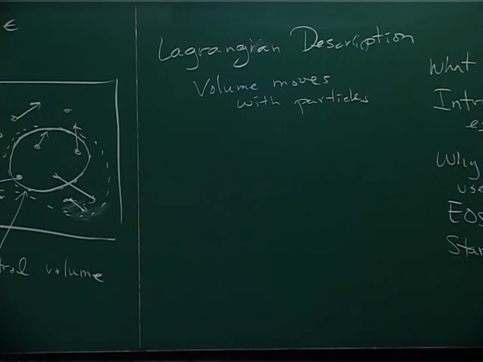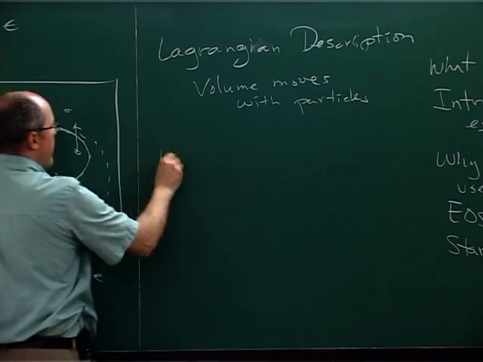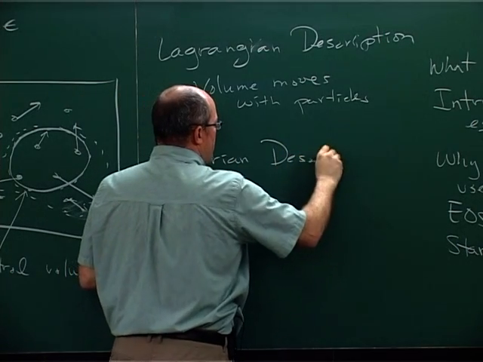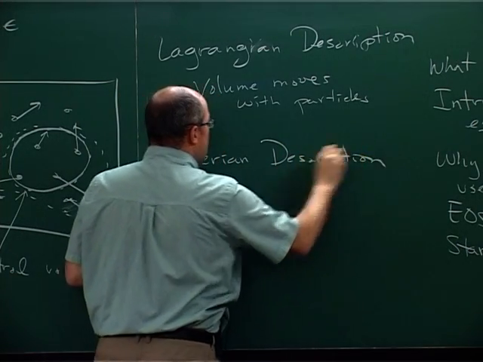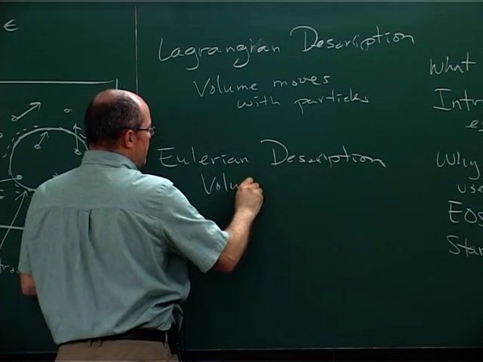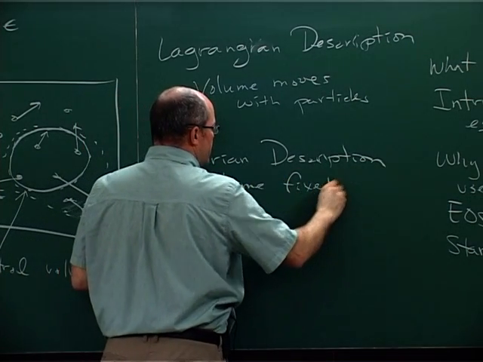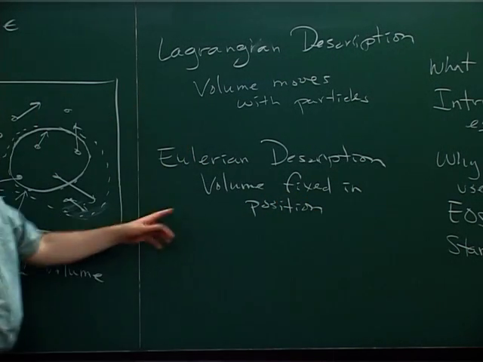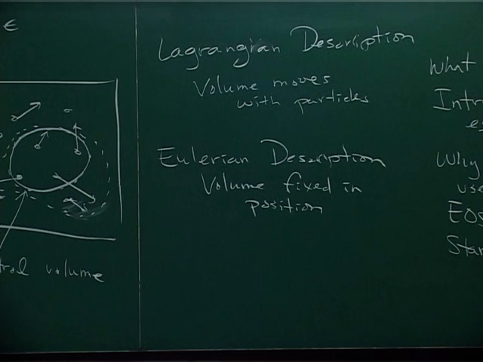Now my other choice is just to keep the volume fixed and not let it move around. Okay? And if I do that, that's called the Eulerian description. So in the Eulerian description, I have a coordinate system and I just fix my volumes to the coordinates and they never change.